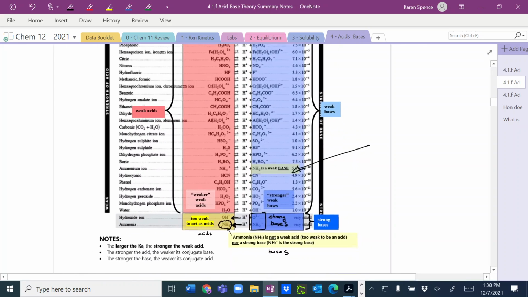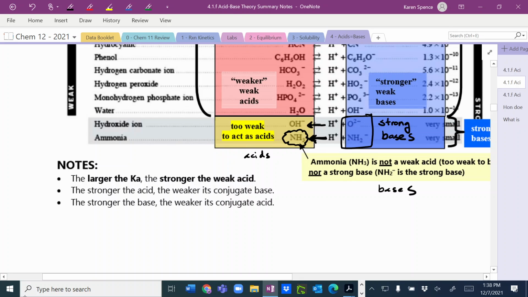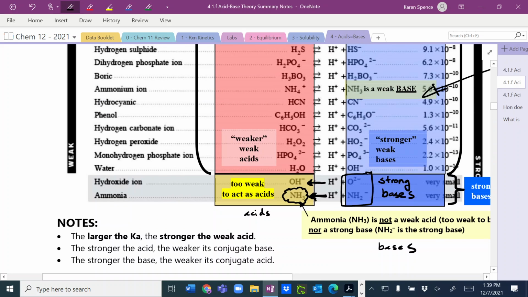We will come back and visit it a lot. Just a few little notes at the bottom. The larger the Ka, the stronger the weak acid. This leads to terrible wording, like these down here are weaker weak acids. Yes?